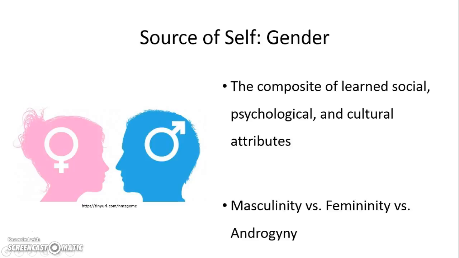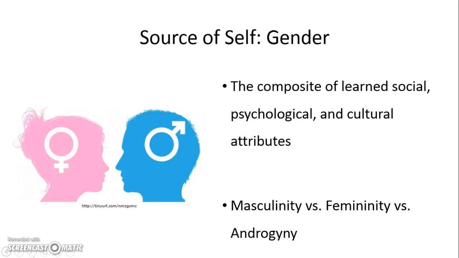Now, here in the US, we have 3 genders. Traditionally, people say we have 2, but androgyny is becoming more popular. So we have masculinity, femininity, and androgyny. And we define masculinity as all those stereotypes that we think men should follow. So being strong, being a provider. Femininity, we think of being soft and nurturing and seeking cooperation.